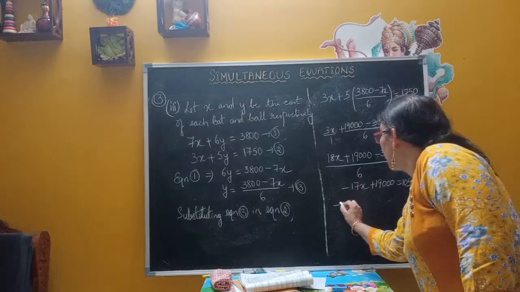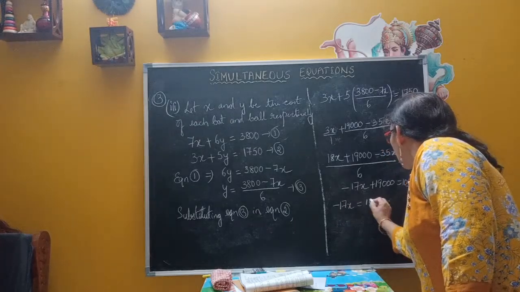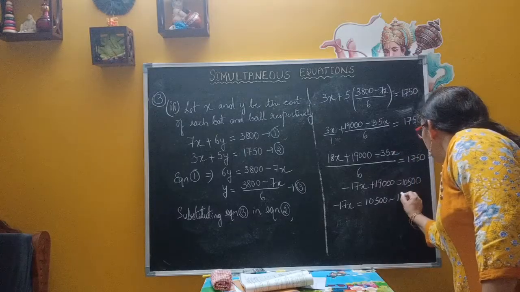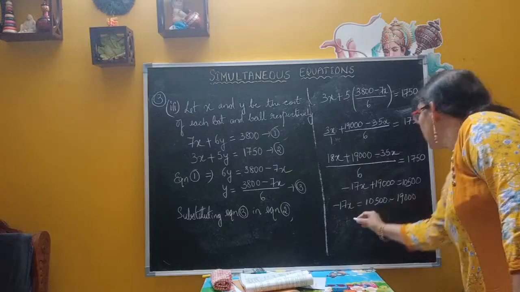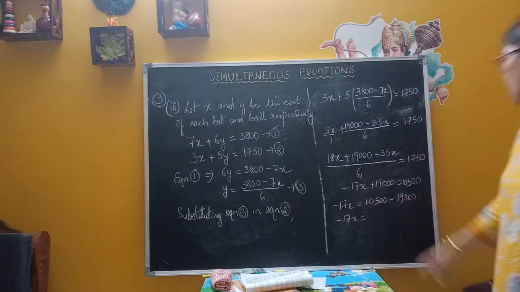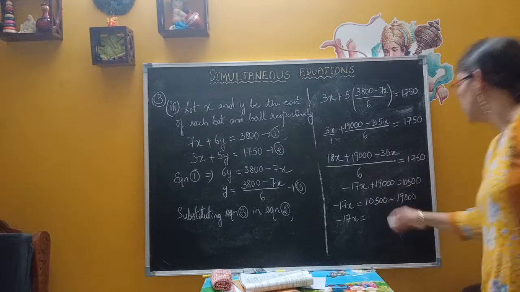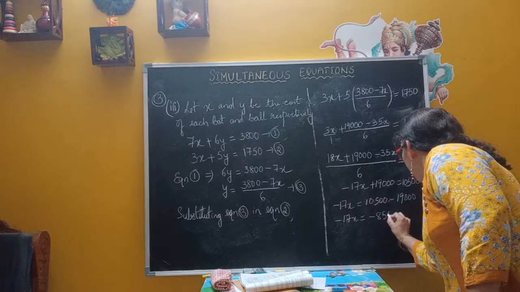Now let us transpose this number to the RHS. So minus 17x is equal to 10,500 minus 19,000. This plus 19,000 becomes minus 19,000. How much do we get? Minus 8,500.